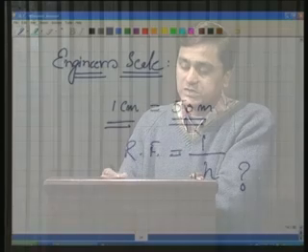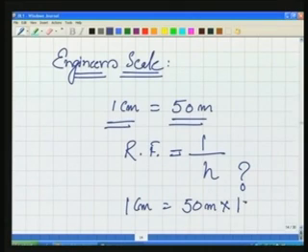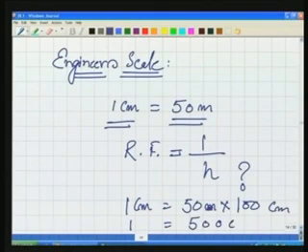You just convert this also into centimeter. 1 centimeter is equal to 50 meter, multiplied by 100 centimeter. So, 1 is equal to 5000. So, the value of n is 5000 here. So, we can convert the scales like this. We can convert the RF into the engineer's scale and vice versa.